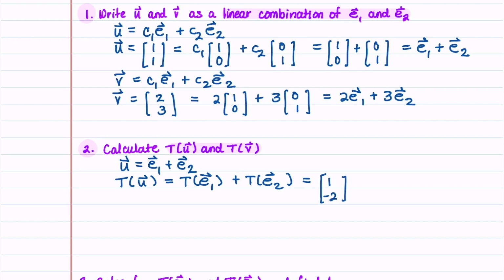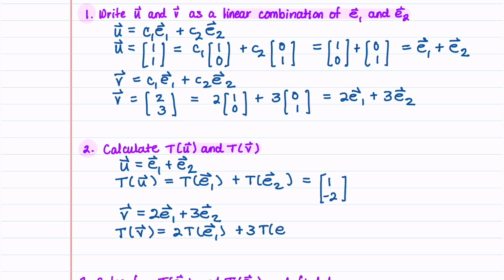Now let's do the same thing for V. In step 1, we found that V was 2E1 plus 3E2. Now we'll take the transformation of both sides. T of V is 2 times T of E1 plus 3 times T of E2.